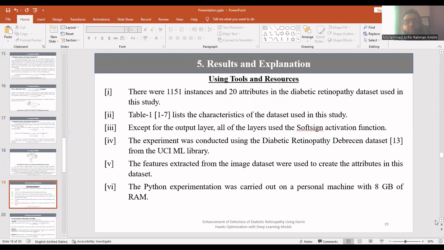The experiment was conducted using the diabetic retinopathy Debrecen dataset from the UCI ML library. 5. The features extracted from the image dataset were used to create the attributes in this dataset. And 6. The Python experimentation was carried out on a personal machine with 8 GB of RAM.